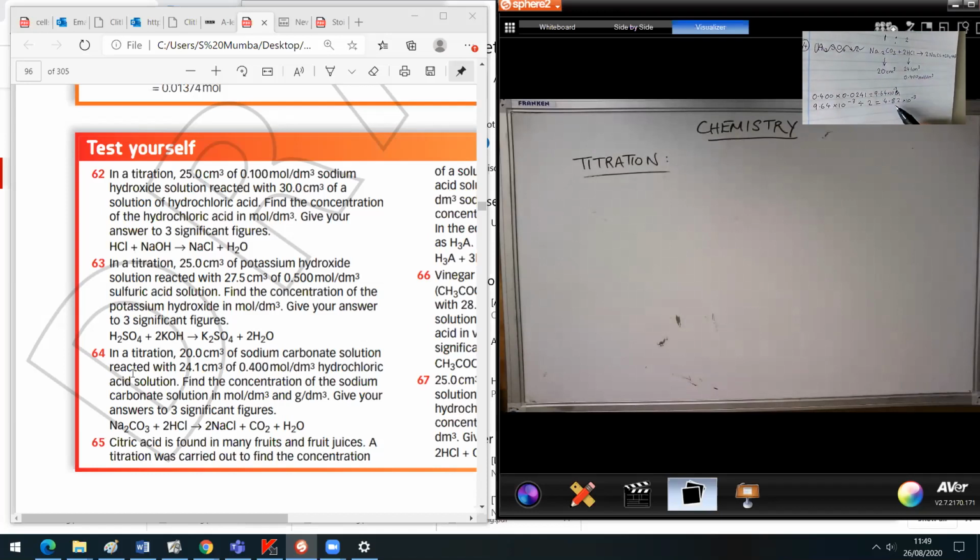And now you put it back into the equation. So that's your moles, divided by the volume, which is 24.